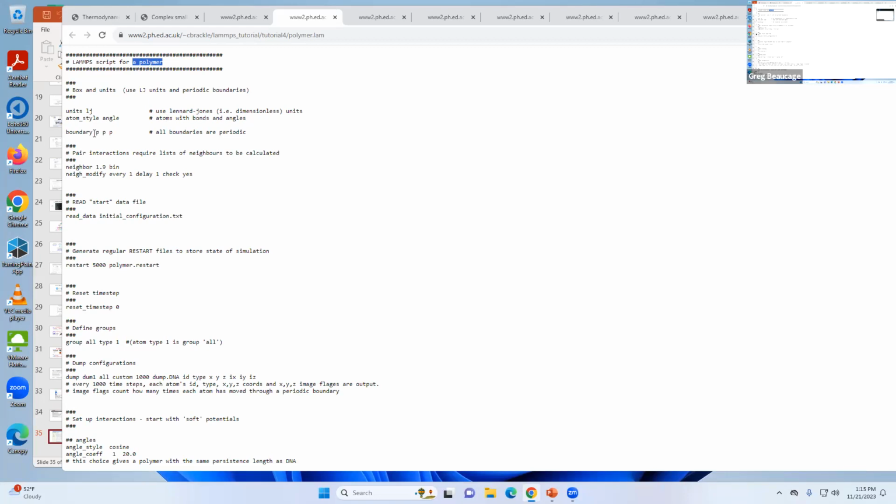Then that means periodic boundaries. Periodic boundary means you have a mirror at the side. Once an atom goes out, it comes back in. Assuming we created a box of minus 50 to 50 in X, Y, and Z, we're saying with periodic boundary that if the atom moves out of the box, it has to come back from the other side.